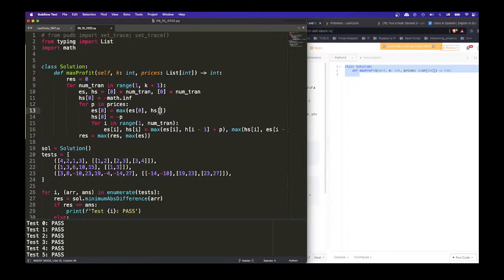Previous state, but we don't have a previous state when it's 0. I would just read, no, that's not right.